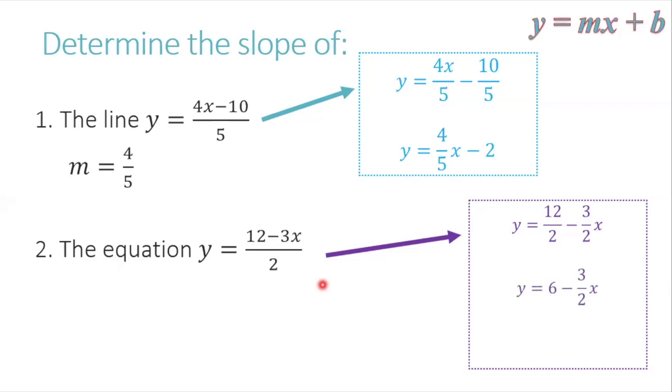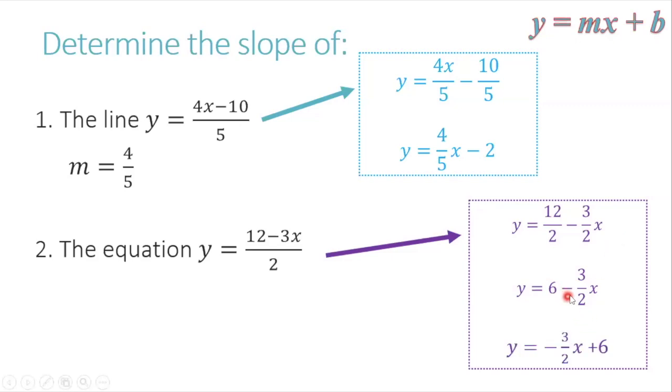Now, some people may be able to identify the slope from this particular equation here, from our y equals 6, take away 3 divided by 2x. And then you may have some people who would be like, well, this doesn't look like our formula at the top here. So if you want to take it a step further, all you have to do is just rearrange that right side of the equation to make it look more like y equals mx plus b. And so if we rearrange, we would get something that looks like this.